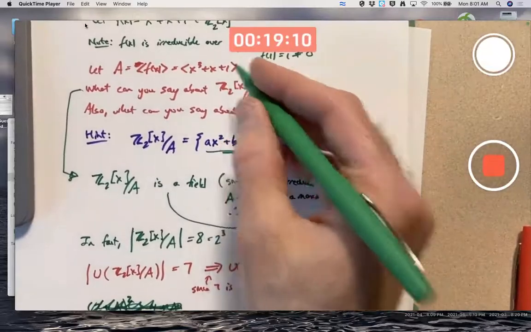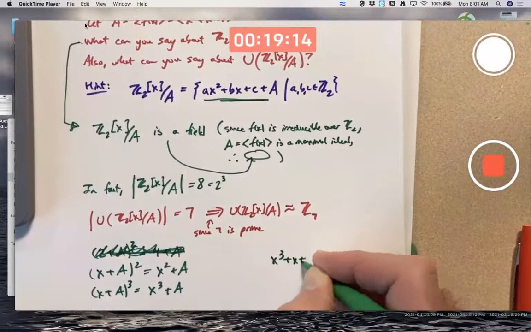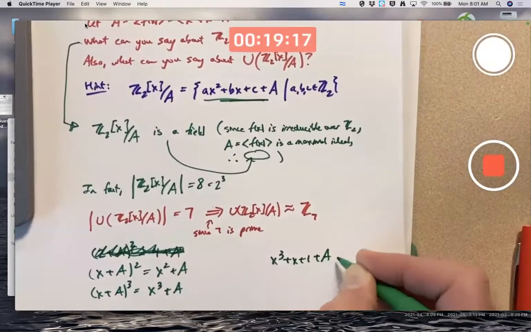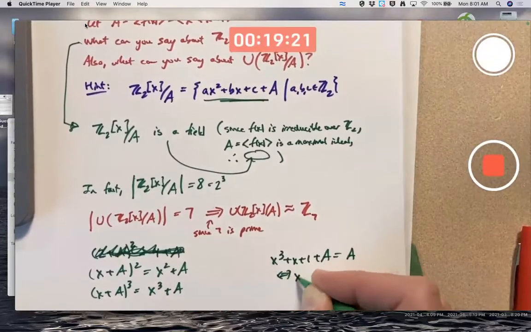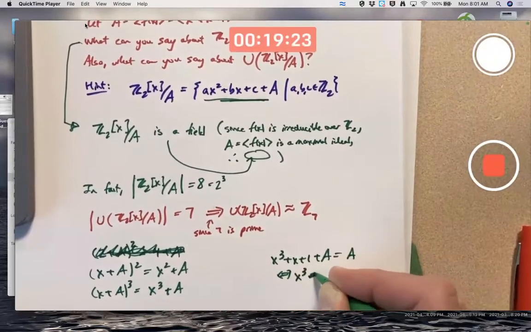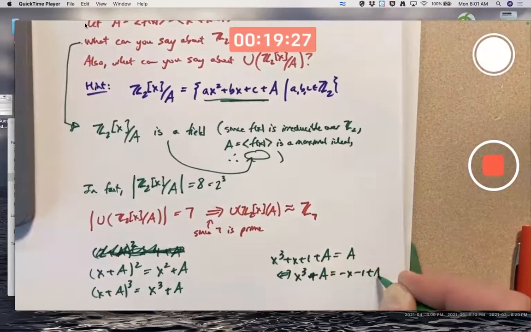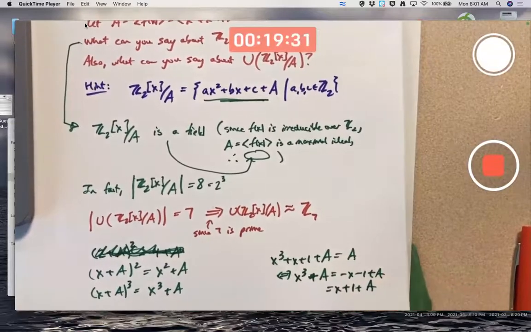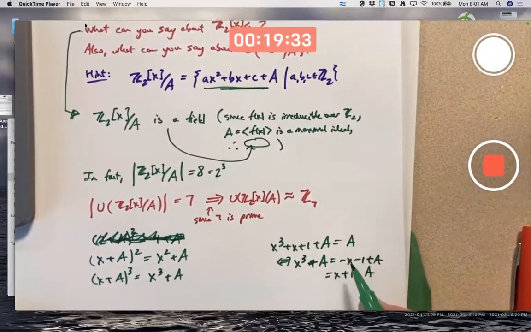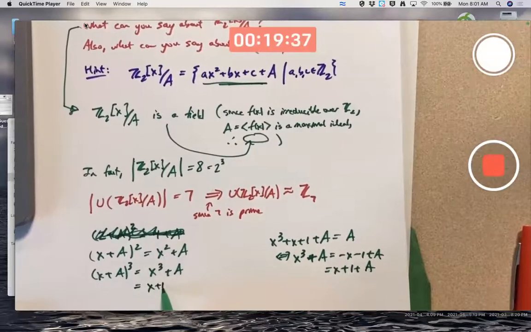We know x cubed + x + 1 + A equals A. That's equivalent to saying x cubed + A equals negative x minus 1 + A, but then mod by 2, that's the same as x + 1 + A. So x cubed can get replaced by x + 1. This is the same as x + 1 + A.